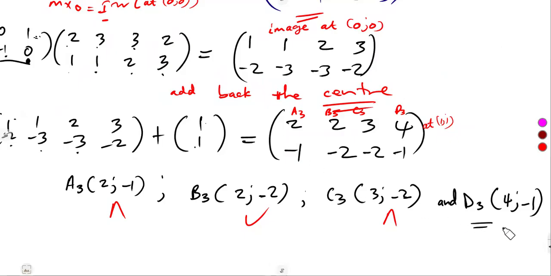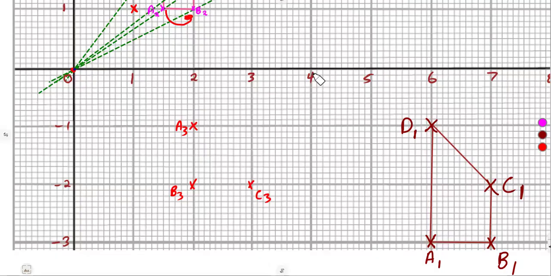Then we also have D3, which is 4, negative 1. So that's 4 versus negative 1. This is our D3. So that was the quadrilateral that we were going to have at the end, and simply join the corresponding points. And by doing that, guys, we are having a complete quadrilateral in this case.